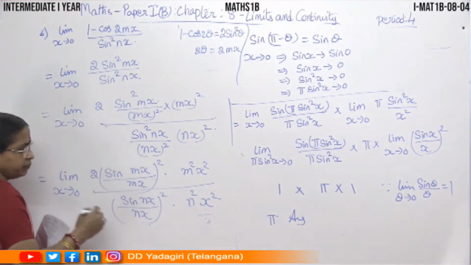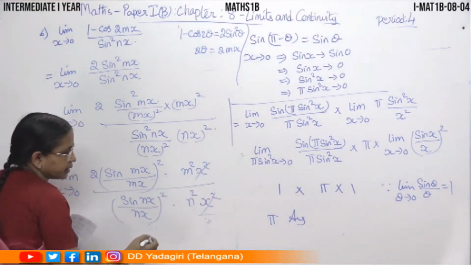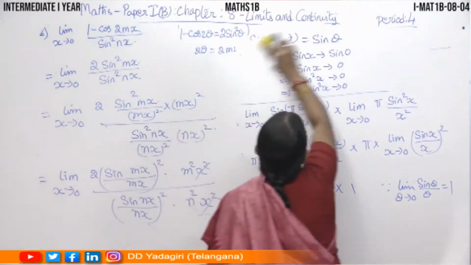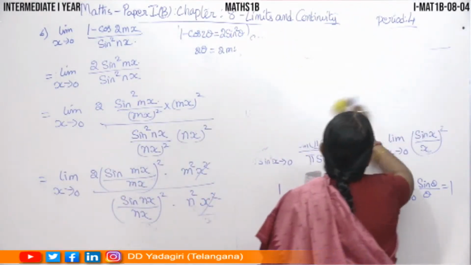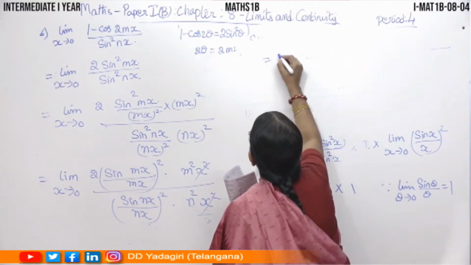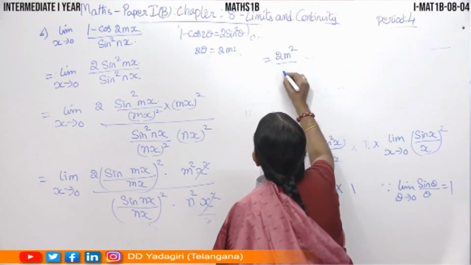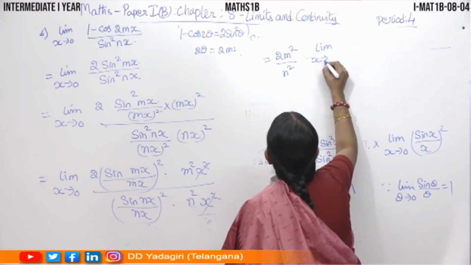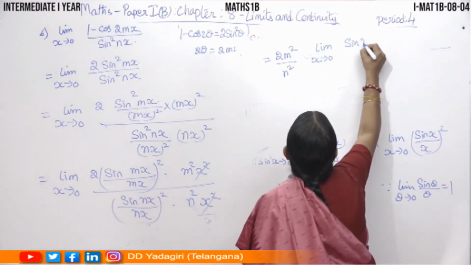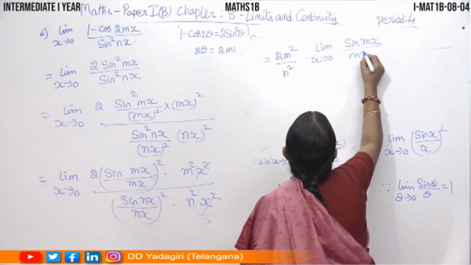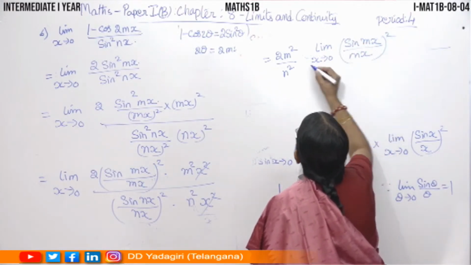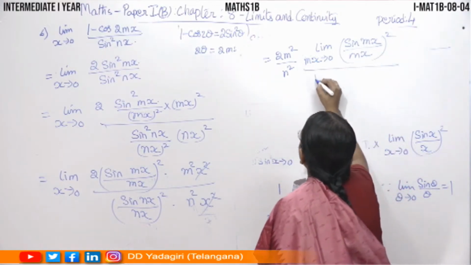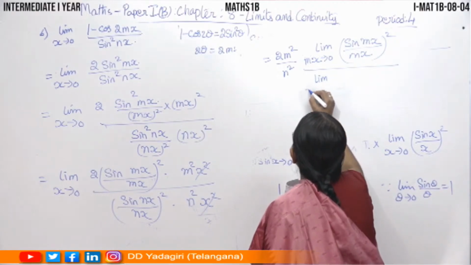Now we are not writing the limit separately. X square gets cancelled. So 2m square by n square we will write outside, and then we'll write the limit x tending to 0 of sin mx by mx whole square, and here we can write mx tending to 0, because as x tends to 0, when you multiply by m, it also tends to 0.